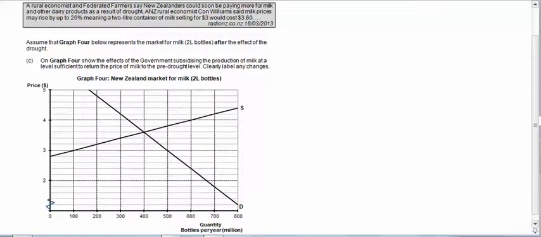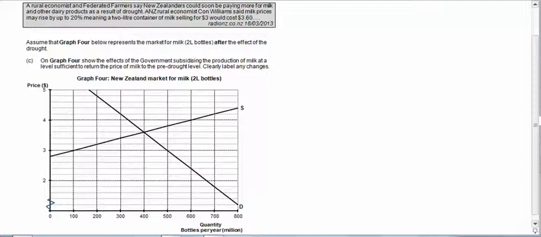This is question 2C, and it's an extension on the question regarding a drought in the farming industry. In this case, we're told that an economist has warned that milk prices as a result of the drought could increase by 20%, meaning a container of milk would be selling for around $3.60.